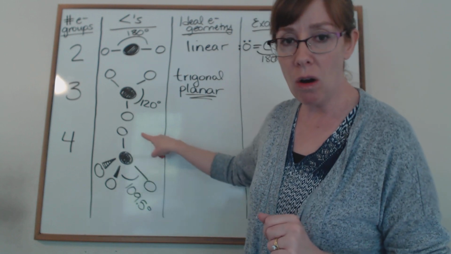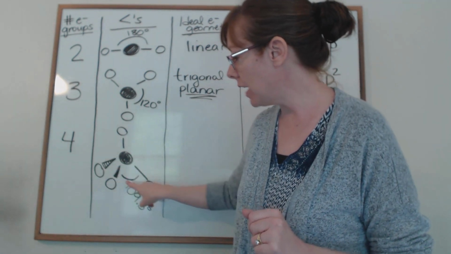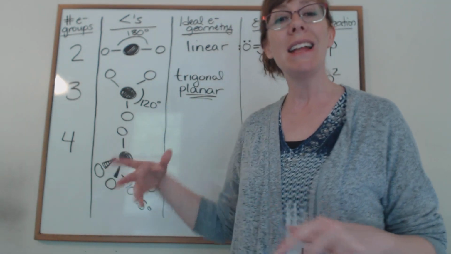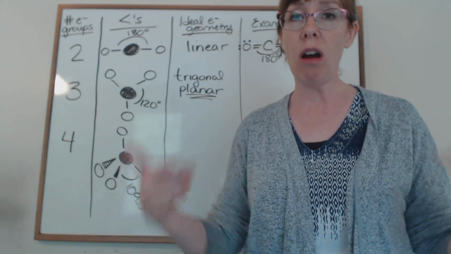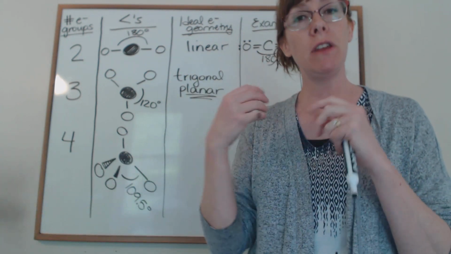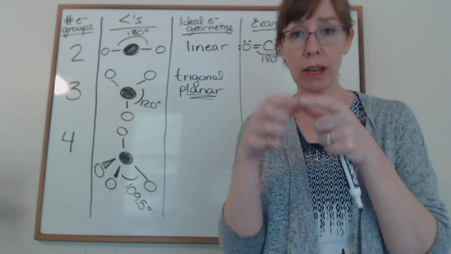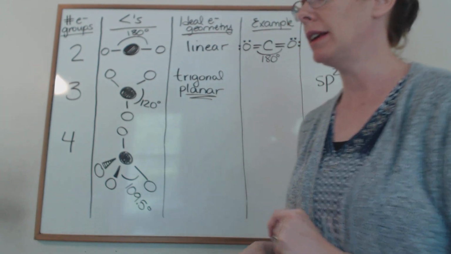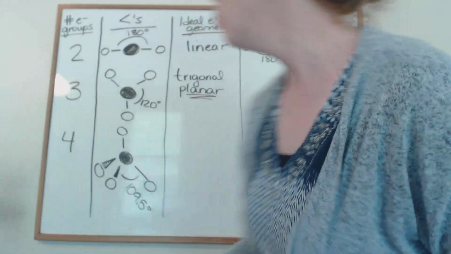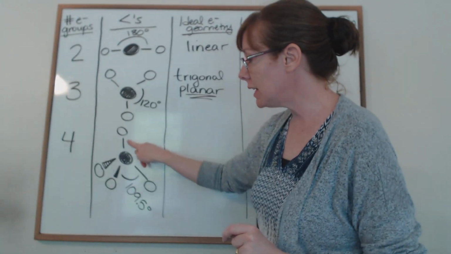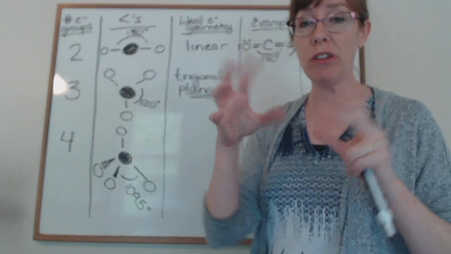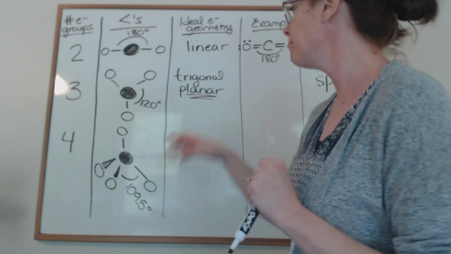But the key here is that all the angles are 109.5, not just the one that I labeled. It doesn't look like that because I'm trying to draw on a 2-dimensional surface, but if you look at models, you'll see that they're actually all the exact same angle. And that is as much as these electron groups can separate from each other in this 3D world that we live in.